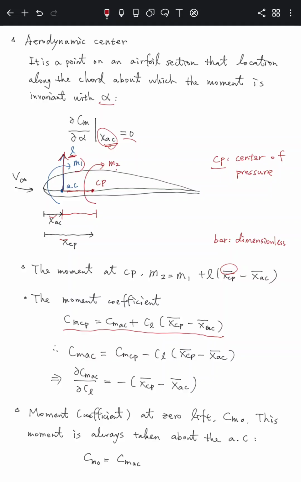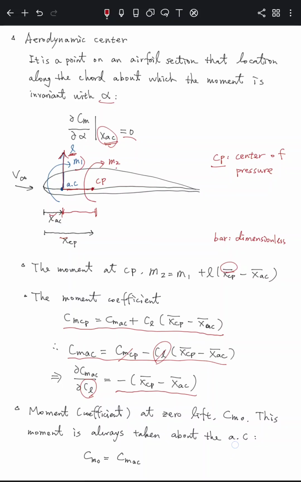After a very simple manipulation, we can have this, and then we differentiate with respect to CL. So we don't have this term, and we don't have a CL over here. What is left is only the distance between AC and CP.